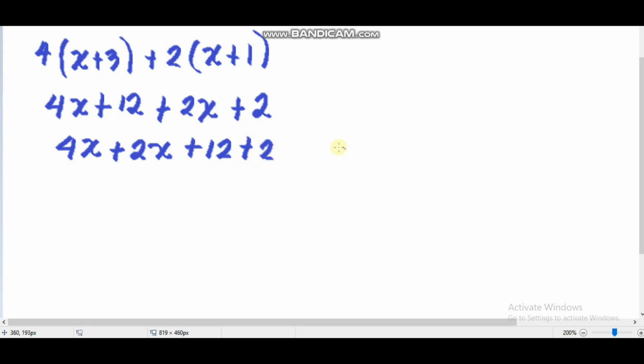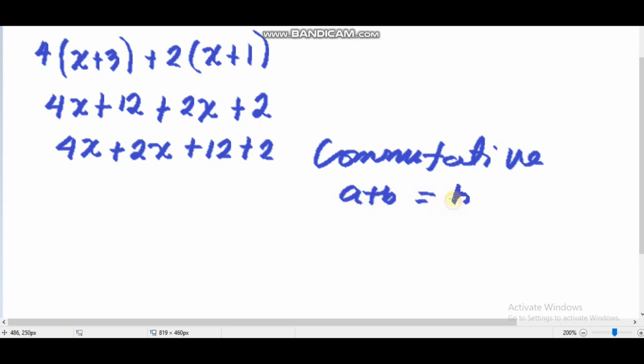If you still remember, a plus b is just equal to b plus a. They interchange, but it's still the same. So in this case, we will now combine like terms, 4 and 2, that is 6x, plus 12 and 2, that is 14. So you have the answer already. So this is our answer.